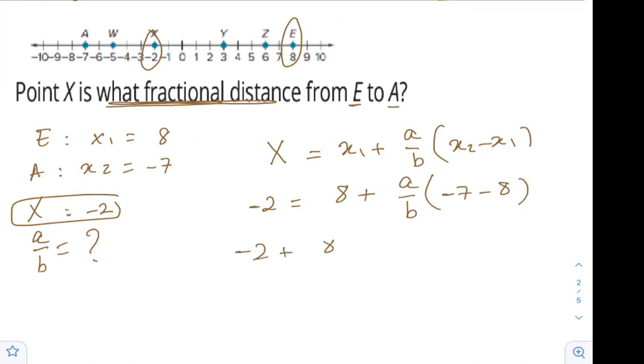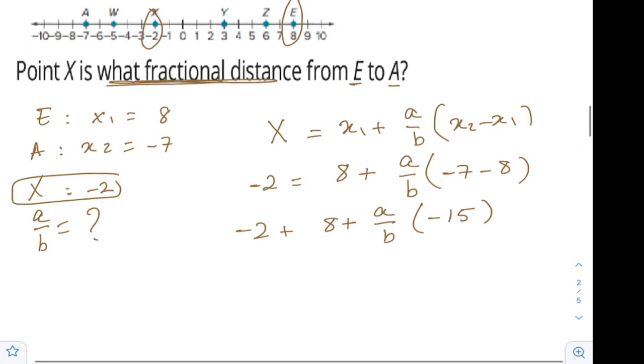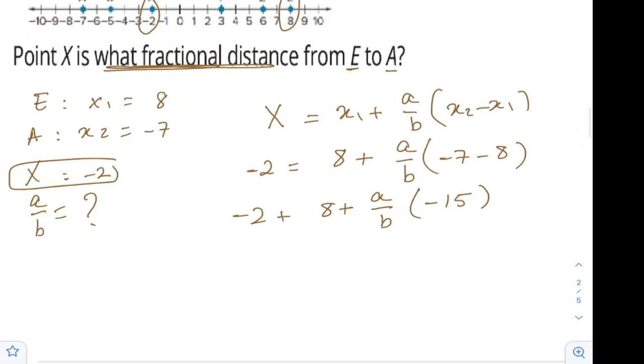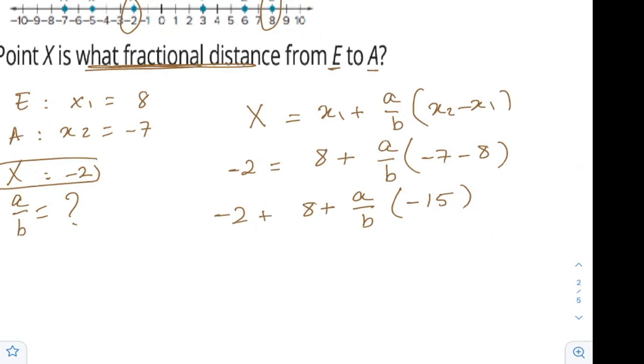So let's simplify. Sorry, x2 minus x1, there is something here, E to A. Yes, this is x1, x2, x2 minus x1. Yeah, it's okay. And let's take this to the other side as we get used to.